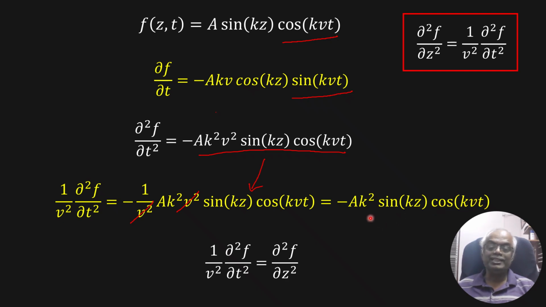This is exactly what we got for the second-order partial derivative ∂²f/∂z². So it satisfies the relation (1/v²) ∂²f/∂t² = ∂²f/∂z², and we have proved this.